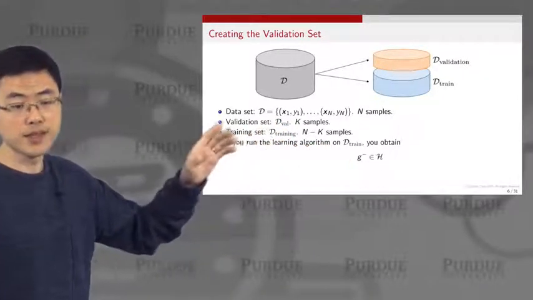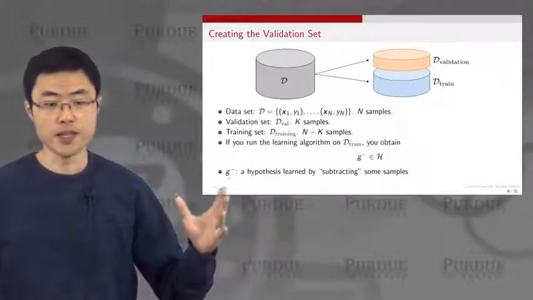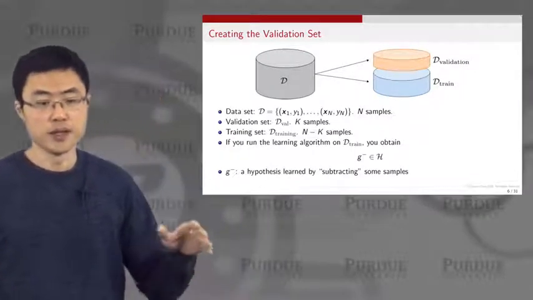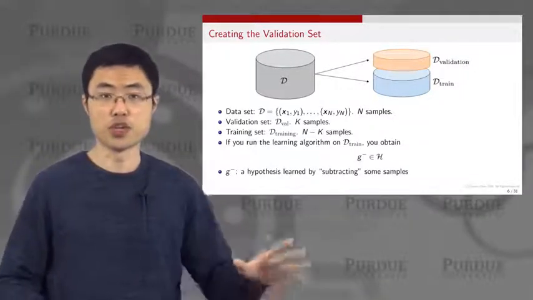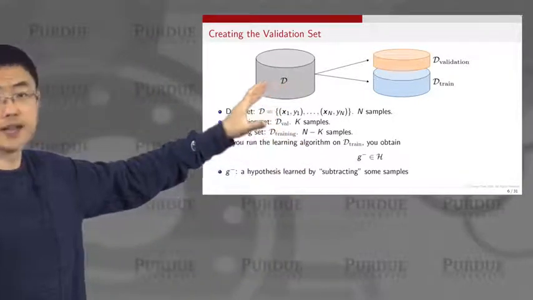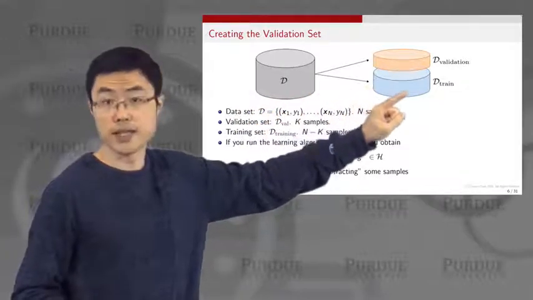I put a minus here to denote that it is a hypothesis obtained by subtracting some samples. g minus is not the same as g, because g will be using all the data points from the entire data set D, and g minus is only using the training data set.